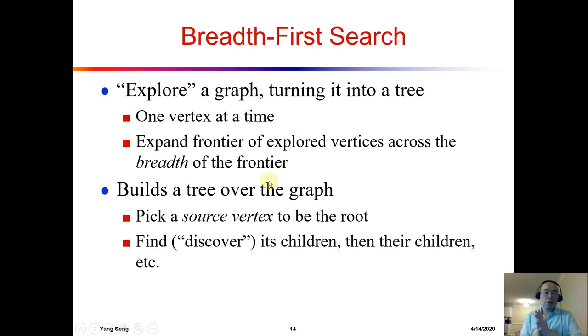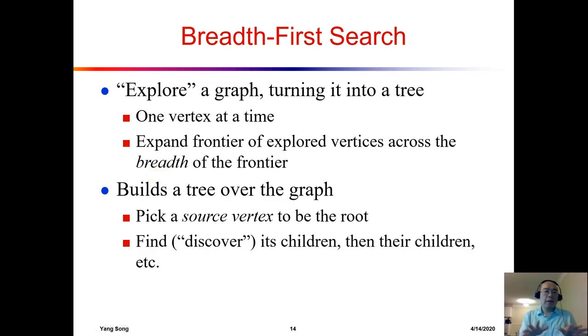So when we are trying the strategy of exploring a graph and turning that into a tree, the strategy will be that we only visit one vertex at one time. And then based on the current vertex we are visiting, we are trying to expand the frontier of the explored vertices across the breadth of the frontier. Okay, so we are doing a breadth first search.